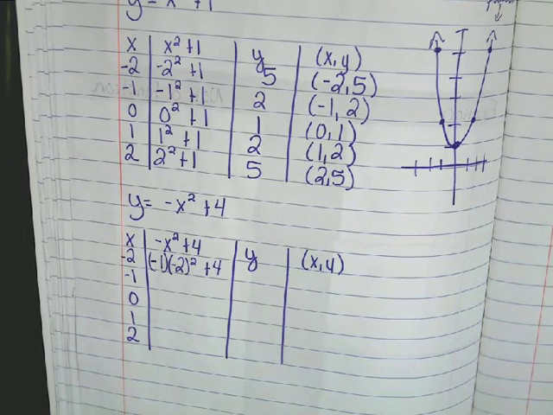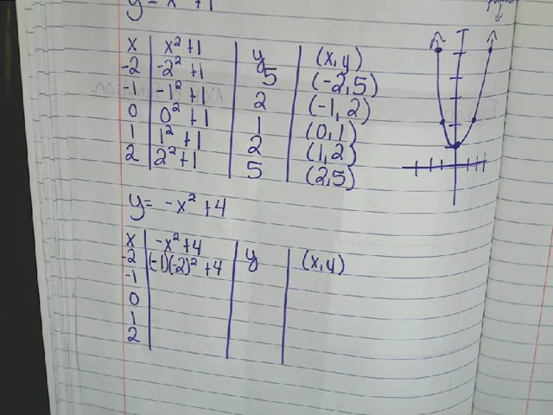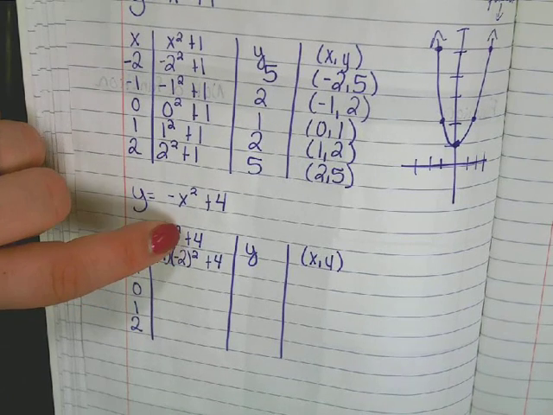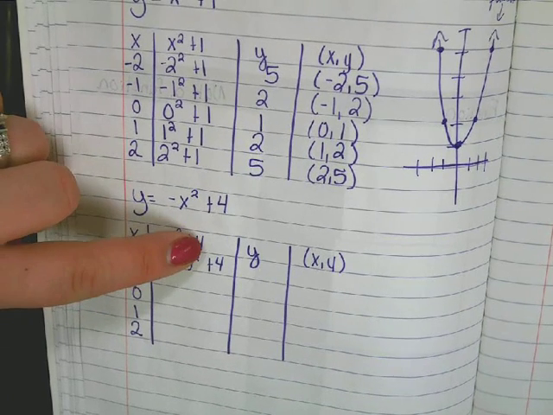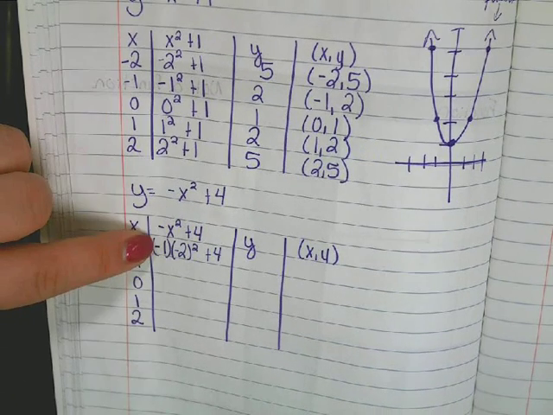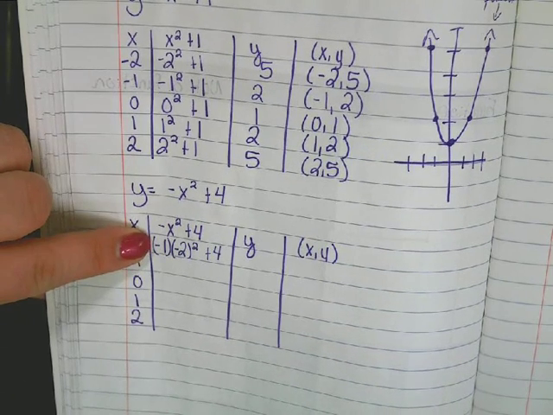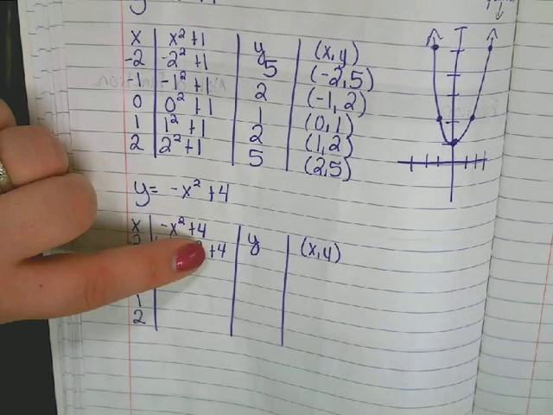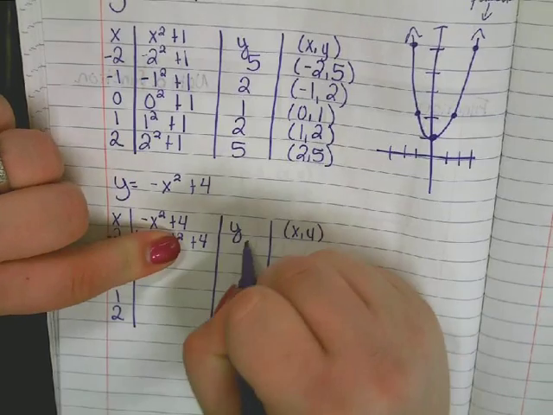So we need to take negative 2 squared first. Negative 2 squared is positive 4 times a negative 1. Negative 4. Negative 4 plus 4 gives me a 0. So my ordered pair is negative 2, 0.